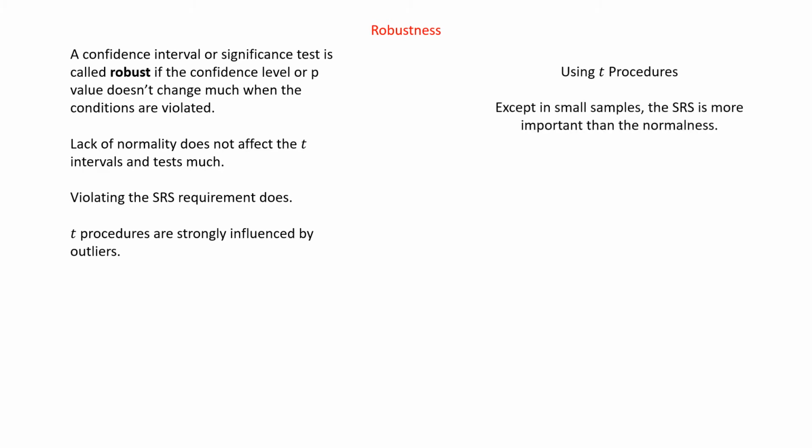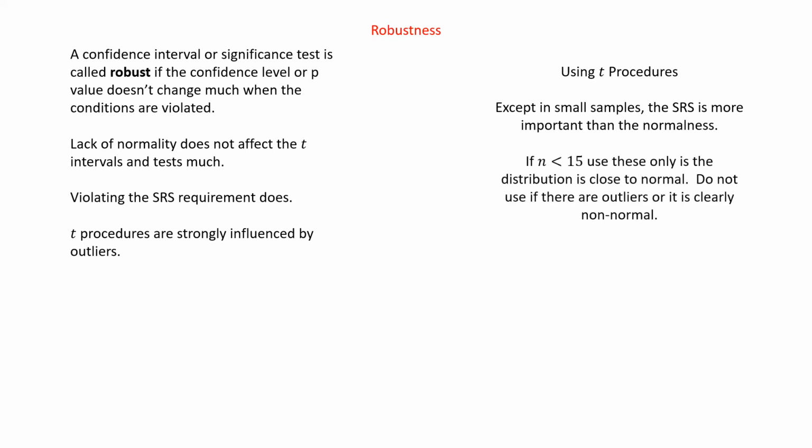So using our T procedures, when can we use them? Except in small samples, the SRS is definitely more important than the normalness. In a small sample, they're both very important. So what does that mean? If n is less than 15, we want it to be pretty close to normal. The central limit theorem doesn't kick in yet at that point, so we don't really want to use it if it's not normal or if there are outliers.